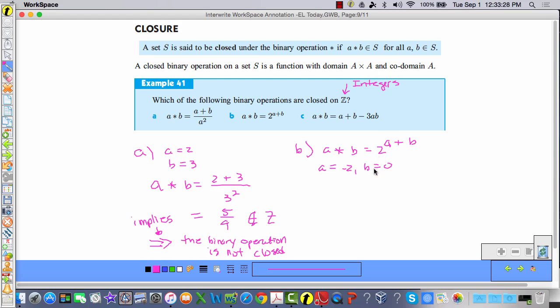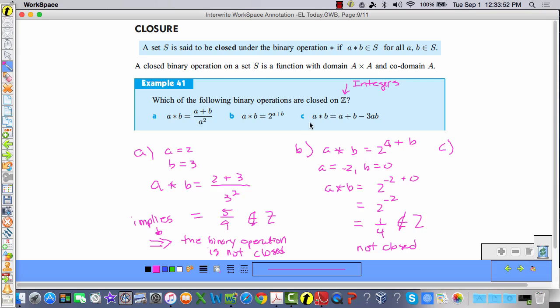Let's try it out then. Well, then a star b would be equal to 2 to the -2 plus 0, which is 2 to the -2, which is 1/4, which is not an element of the set of integers. So again, it is not closed. The binary operation is not closed.